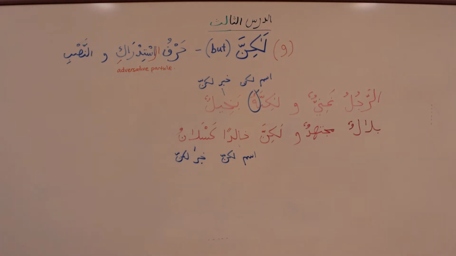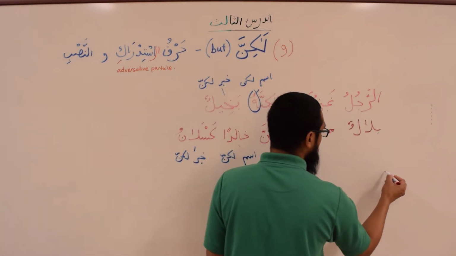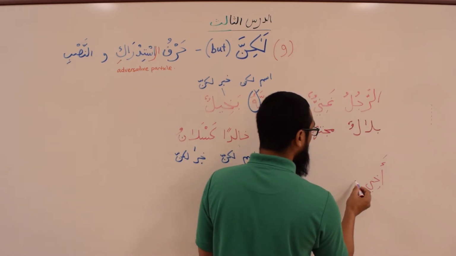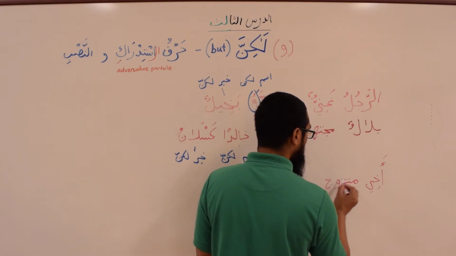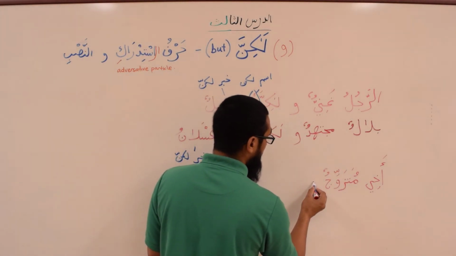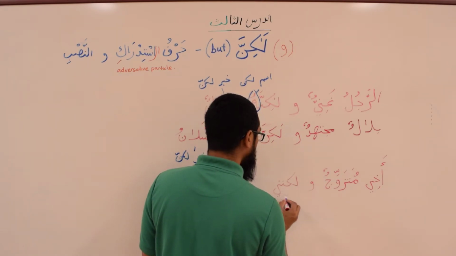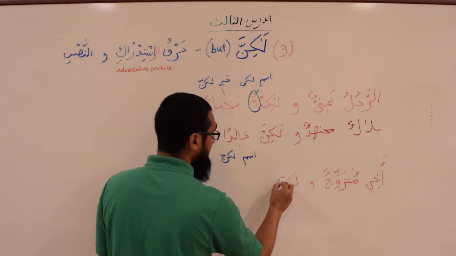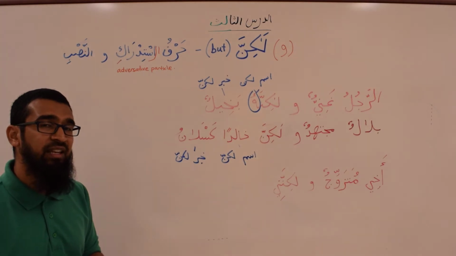Let's look at another example. أخي متزوج ولكنني, so there's alif here, shadda here, lakinnani. Alright, remember lakinna plus ana is lakinnani.